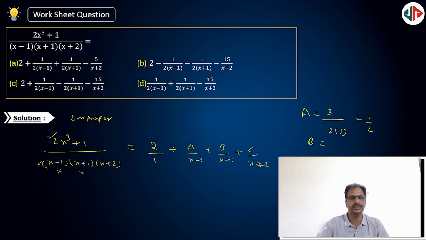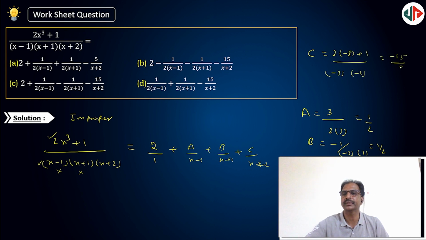Put x is equal to minus 1 except here. If we put x as minus 1, numerator will be minus 1, denominator will be minus 2 into plus 1. So which is 1 by 2. And to get c, put x is equal to minus 2. So this is minus 15 by 3, minus 5. Option A.